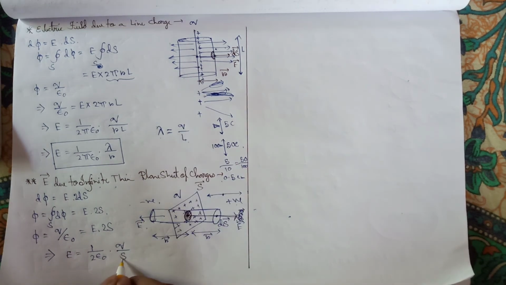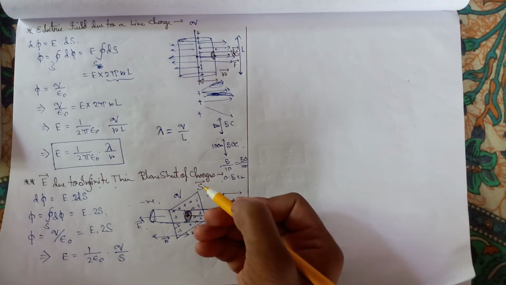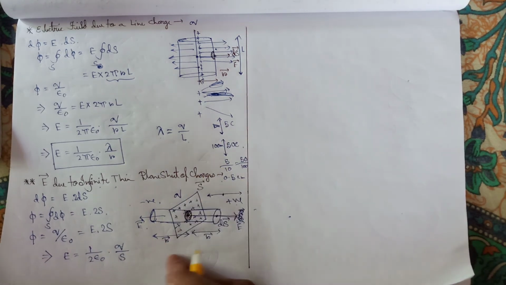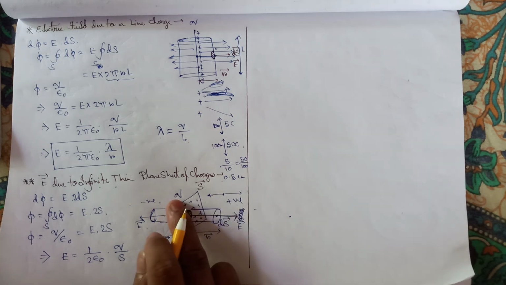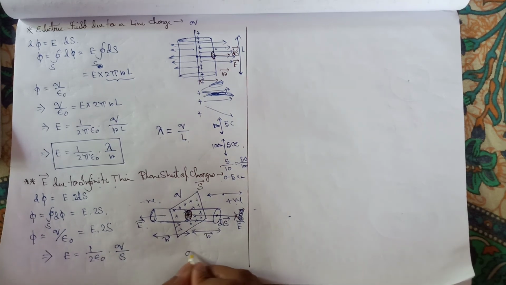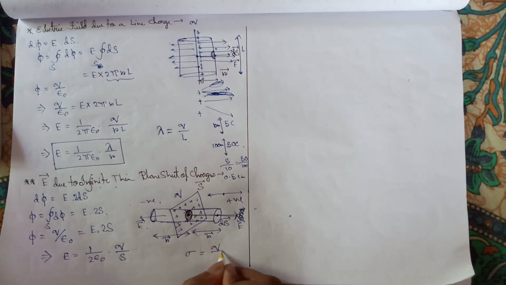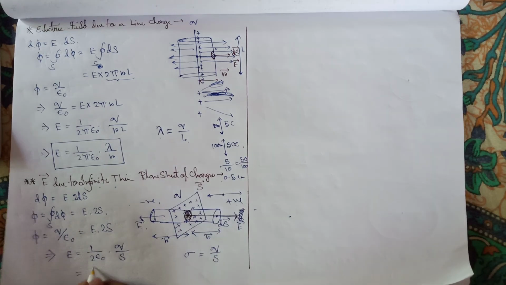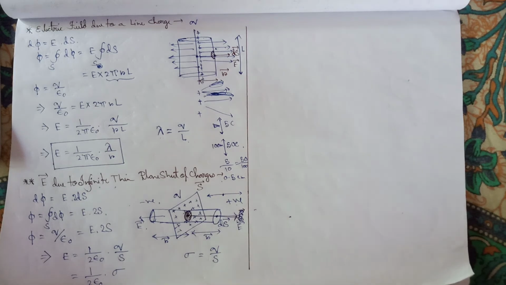Here it's charge per unit area. Again the same concept is here: if we increase the area, proportionately the charge will increase. So you can say it is the surface charge density, written as sigma equals q by S. So E equals sigma by 2 epsilon naught.